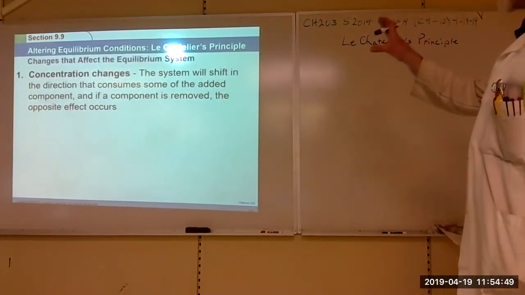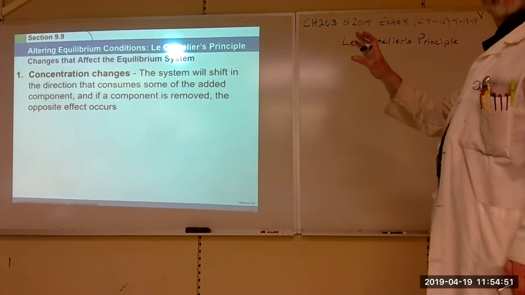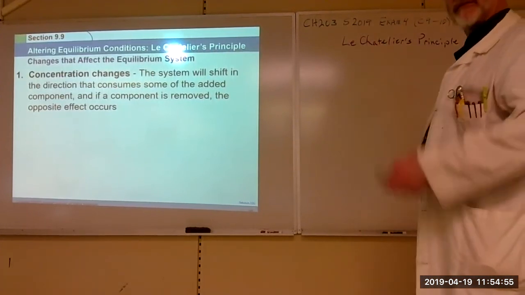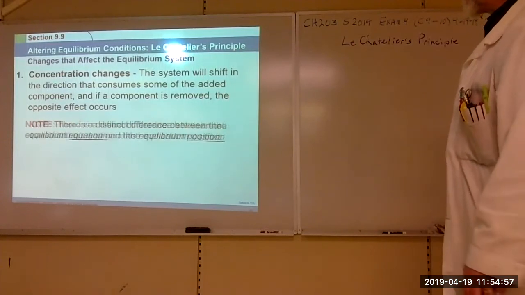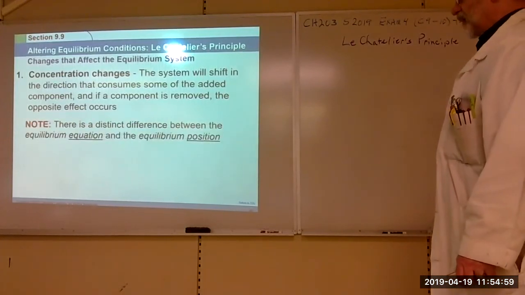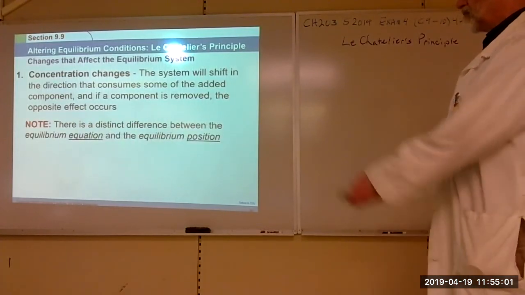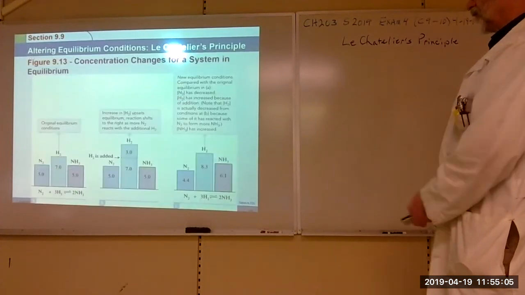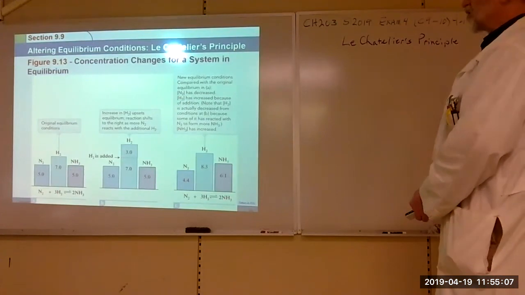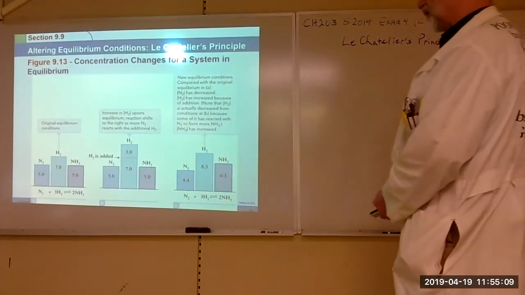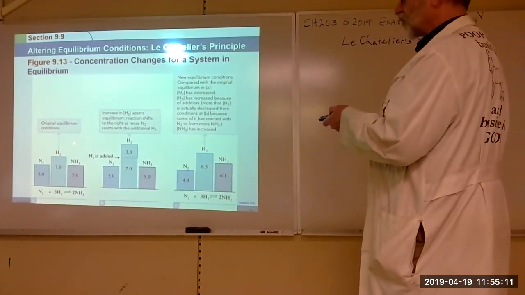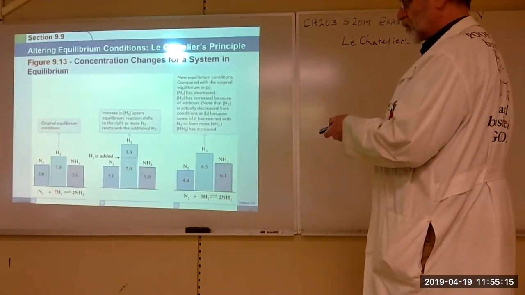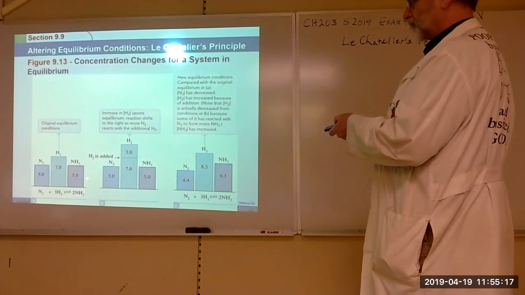We talked about concentration changes, what happens. That's the easiest concept to digest. This just illustrates the difference. This is your equilibrium position for the reaction of nitrogen and hydrogen making ammonia.